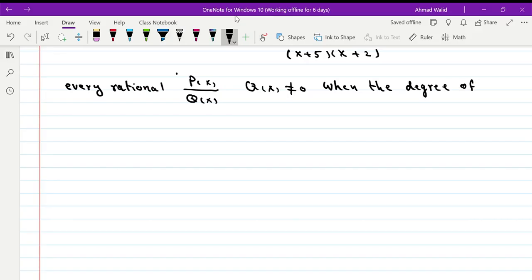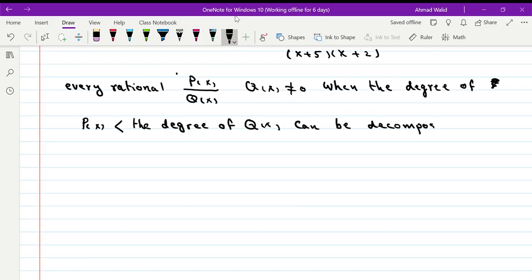When the degree of p of x is less than the degree of q of x, it can be decomposed into partial fractions.